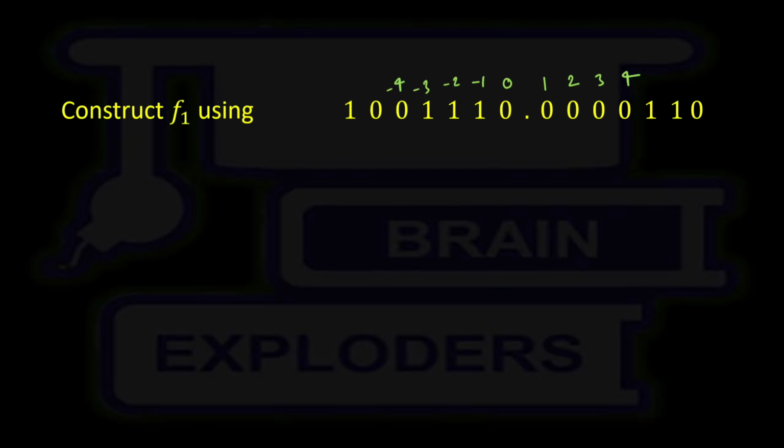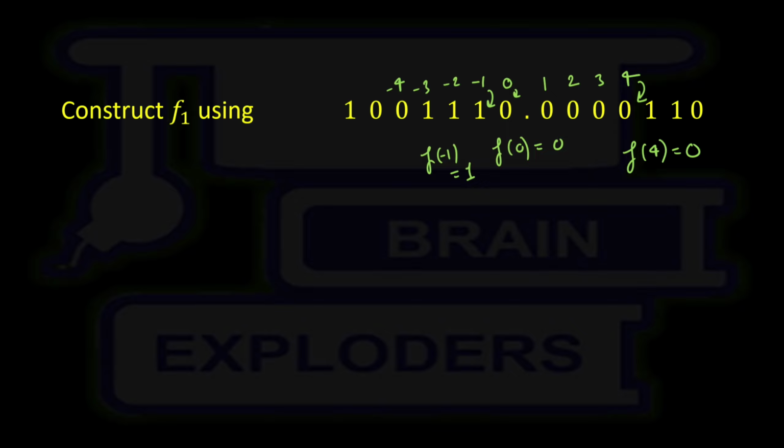So let us see. Since under 0 it is 0, we will define f of 0 as 0. Since under -1 it is 1, we will define f of -1 equal to 1. Similarly, since under 4 it is 0, f of 4 is equal to how much? f of 4 equals 0.